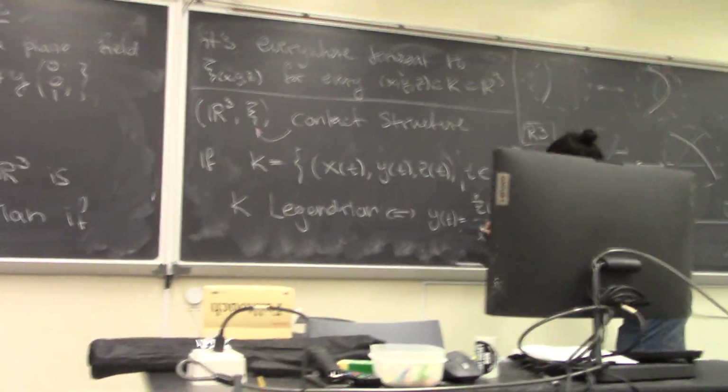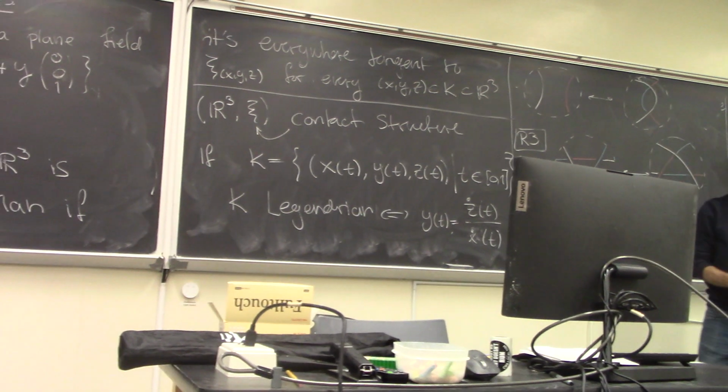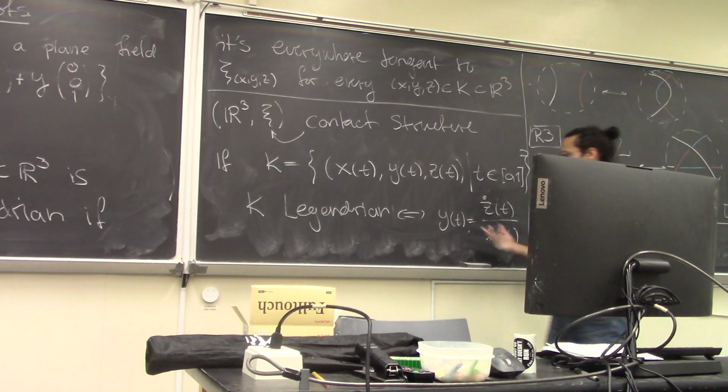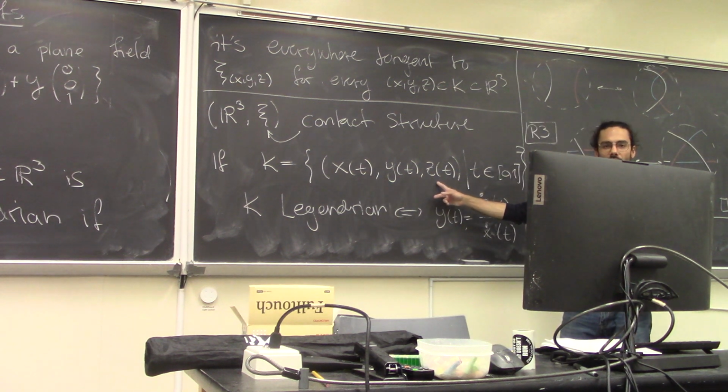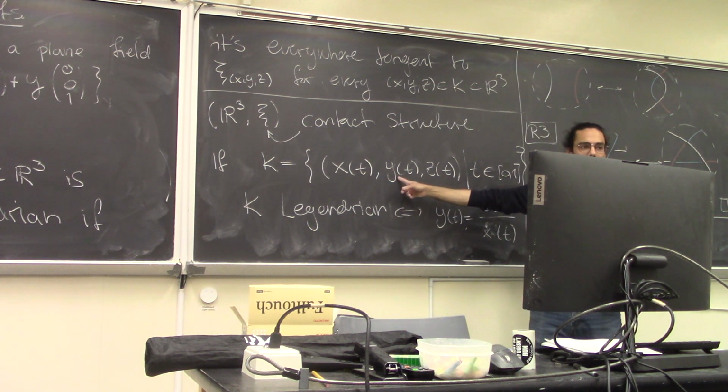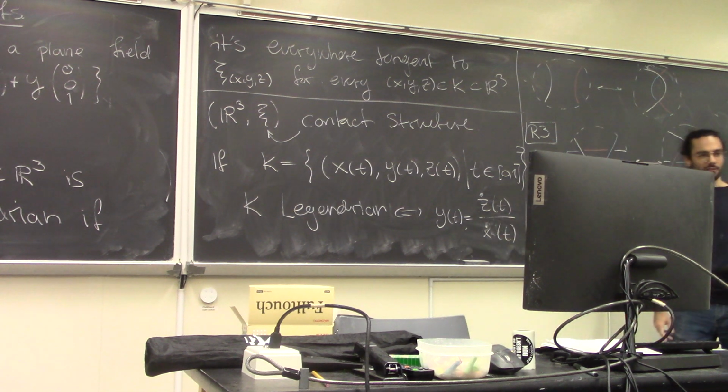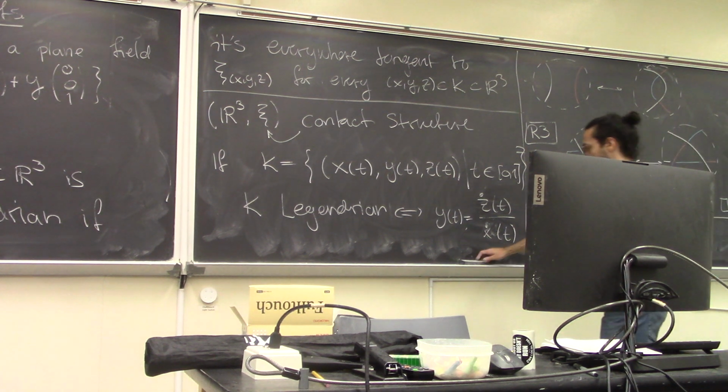So in this condition of being tied to this weird plane field, you're imposing a constraint that if I specify x and z, I can specify y by taking some derivatives and calculating what the third coordinate is supposed to be. It's some kind of weird condition that your knot needs to be tangent to some plane field.